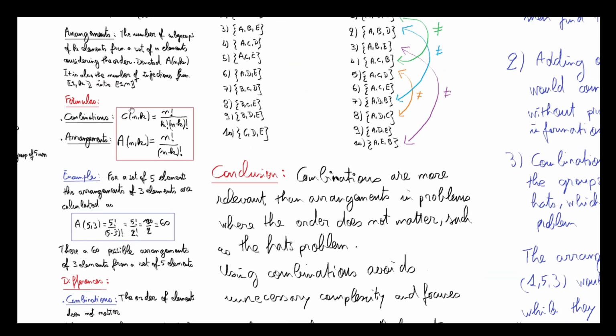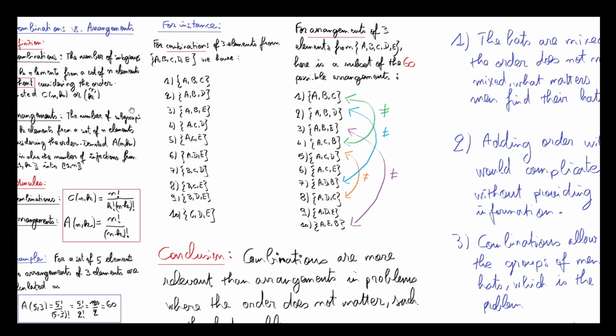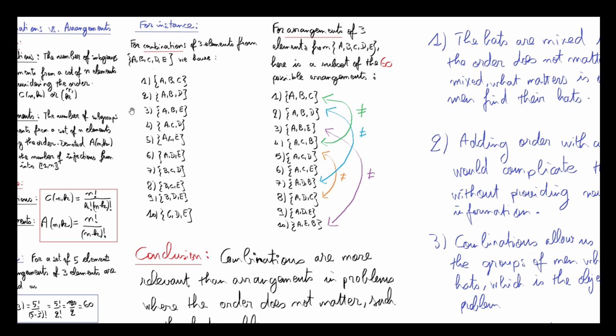For instance, you can see in the following example, for combinations of 3 elements from A, B, C, D, E, we have the 10 following groups. For arrangements of 3 elements from A, B, C, D, E, here is a subset of the 60 possible arrangements. You can see that we have ABC and ACB with the green arrow.